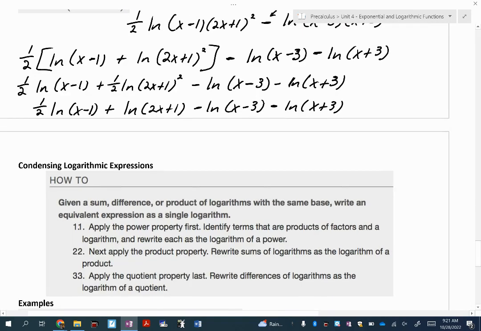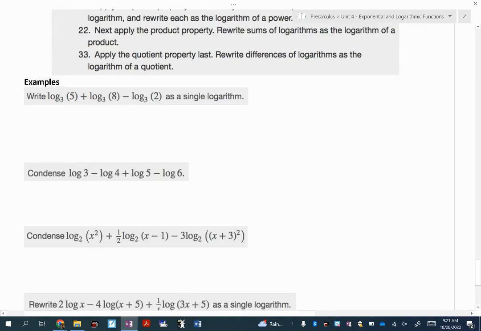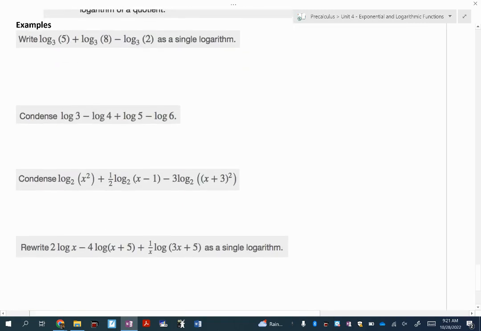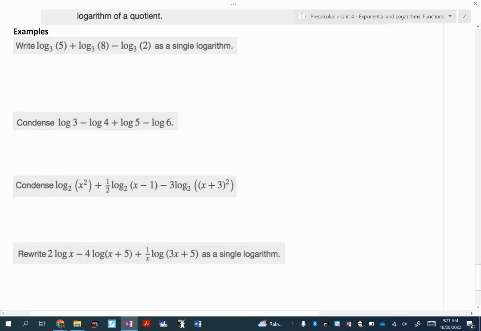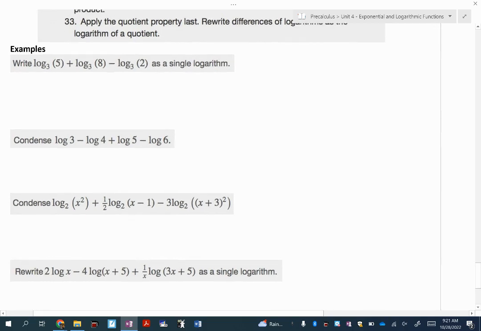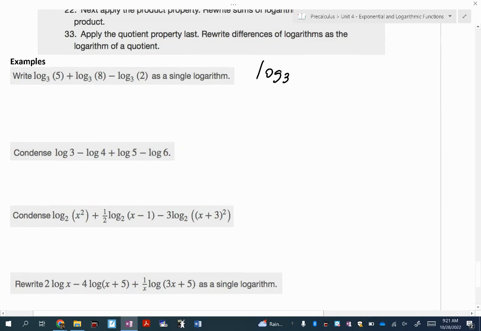So now we're going to go the other way. We've got lots of different logs, 2, 3, 4, however many logs, and we're going to use our properties to write them as one logarithm. Again, this can be as many or as few steps as you want. I usually try to do it in one step. There might be some simplifying that has to happen. Like in this one, I know I'm going to have a fraction.